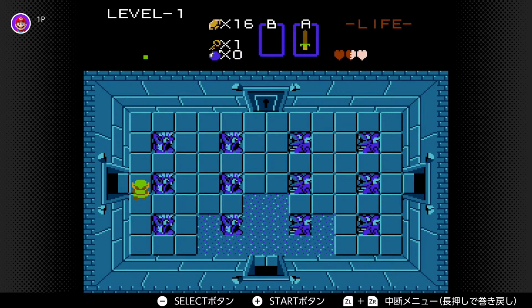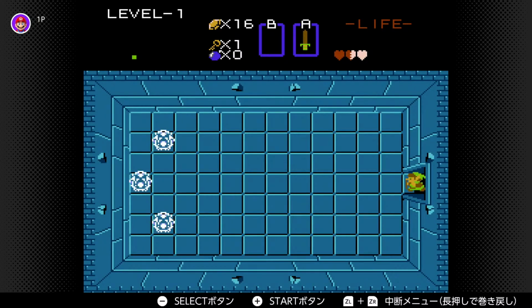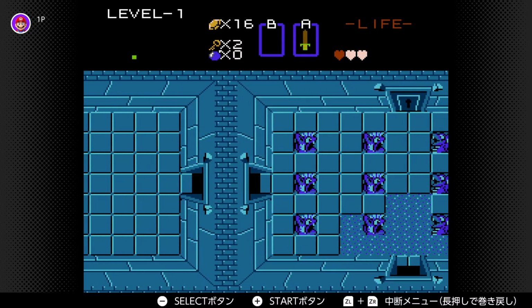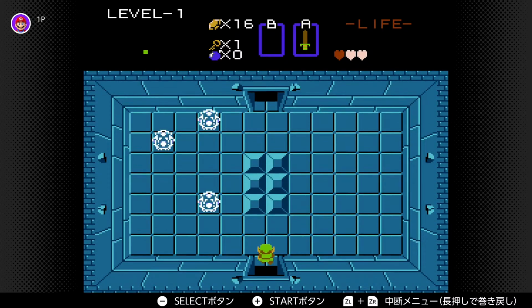We could open that since we have the key, but we can go here first. Oops, I have to be careful to not die. We get another key. Okay, let's go up.